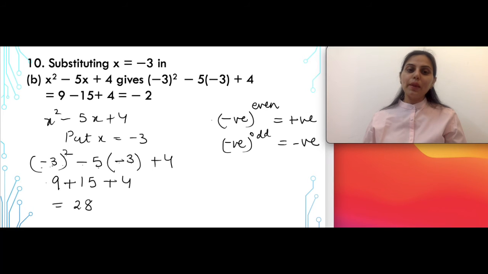If you compare it to the given solution here, the terms minus 5 and minus 3 have not been multiplied properly. Minus 5 into minus 3 will give you the answer as plus 15, not minus 15. So I am sure you can understand that just by a simple mistake of plus and minus, your whole answer can become wrong. So you really need to be very clear about the laws of integers also, and about opening the brackets when the powers are given.